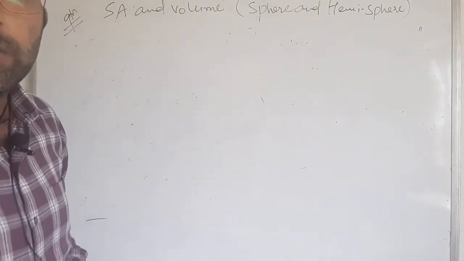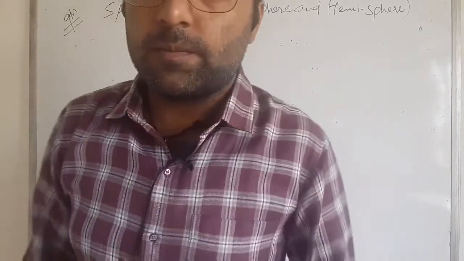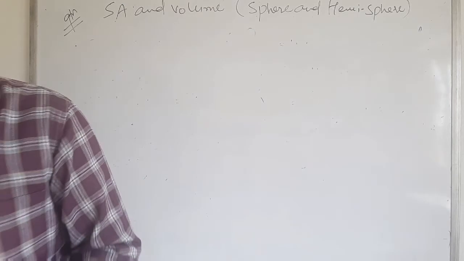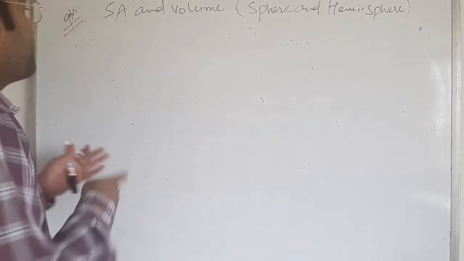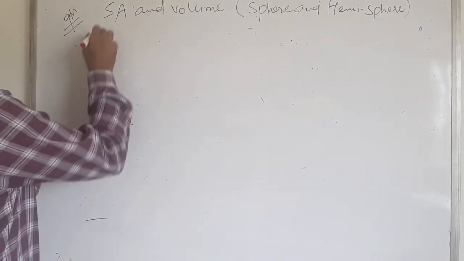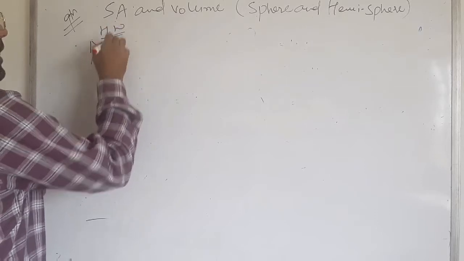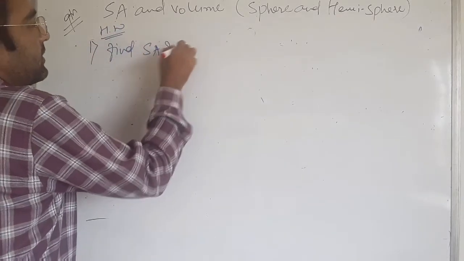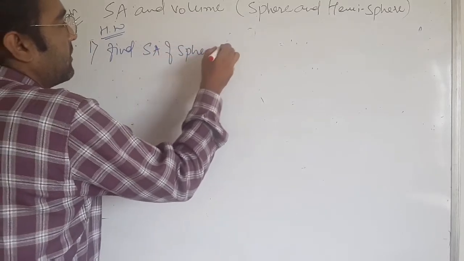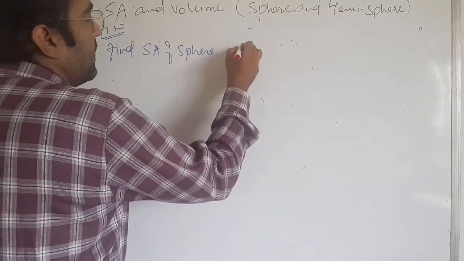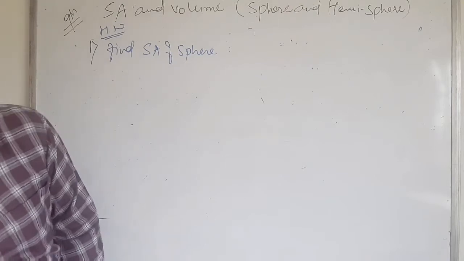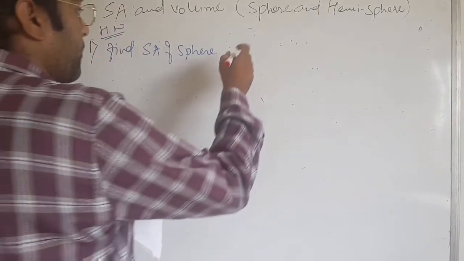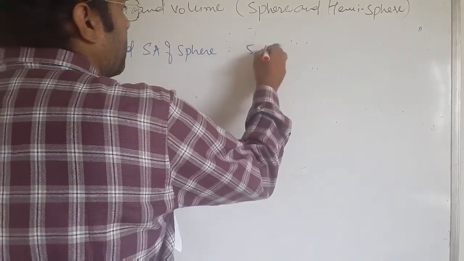My first homework question is to find the surface area of a sphere. There are two sums in this: one is for 5.6 centimeter and the second is for 14 centimeter.